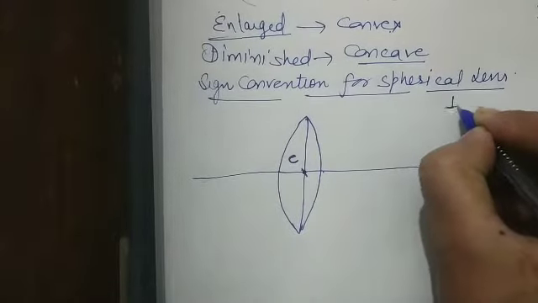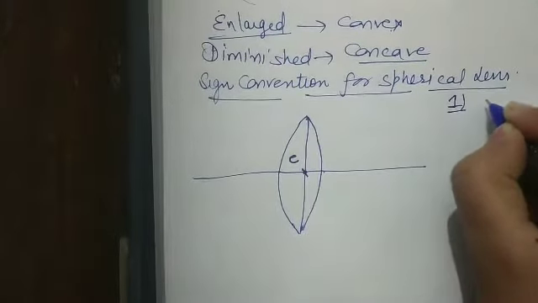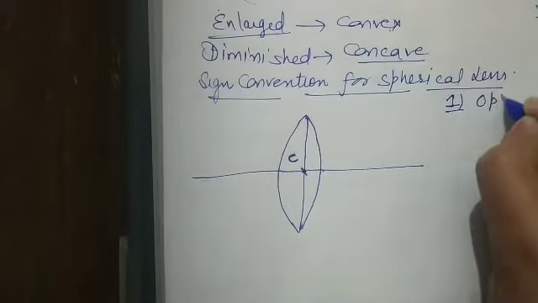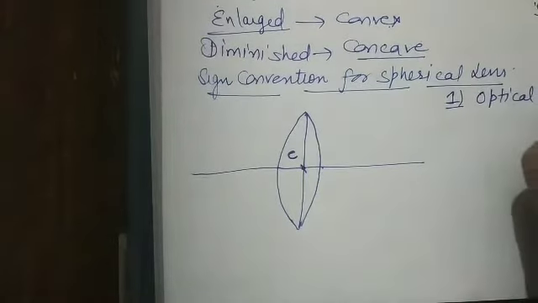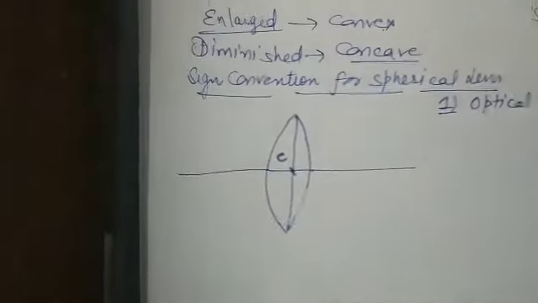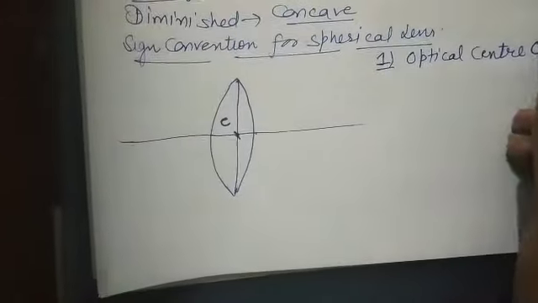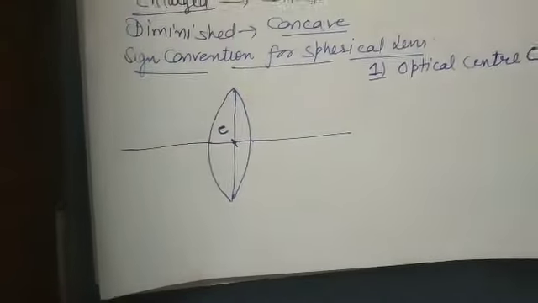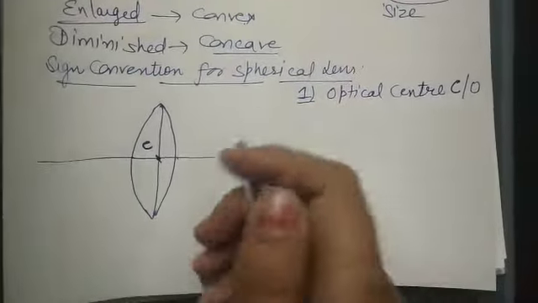So first is each and every distance measured from optical center. It means all the measurements start from the term that is optical center, C, or we may represent it using the letter O.